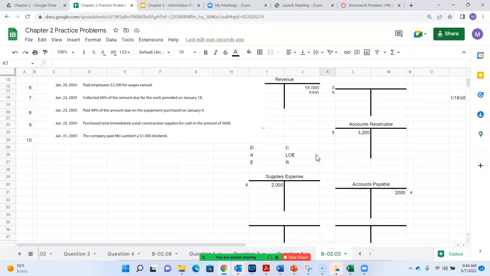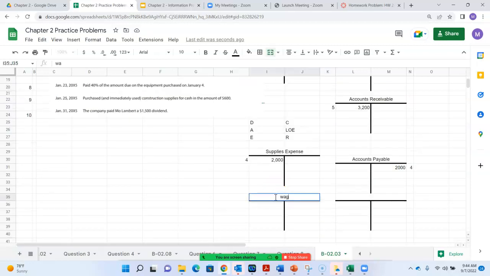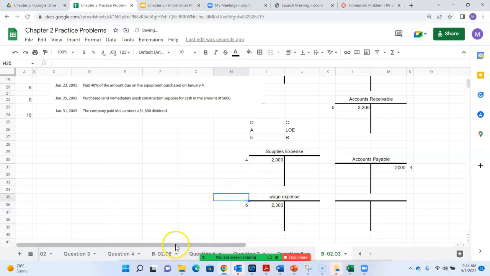We need to create this wage expense. Just going to put it down here. So wage expense. To increase an expense, you need to debit it for $2,300. This relates to transaction number 6.